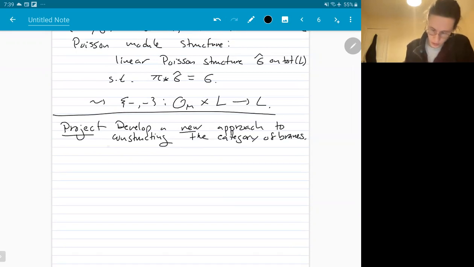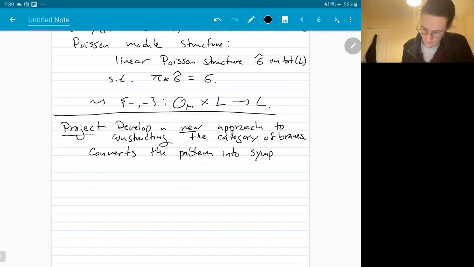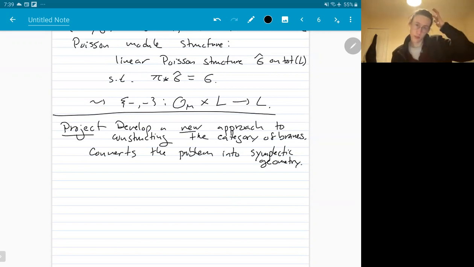Our approach converts the problem into something involving symplectic geometry. So we'll give a new approach, which doesn't yet work in full generality. But the problems now are of a different nature. It's more about understanding the A model of a symplectic manifold.